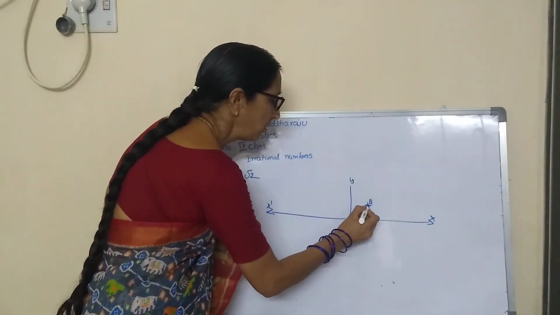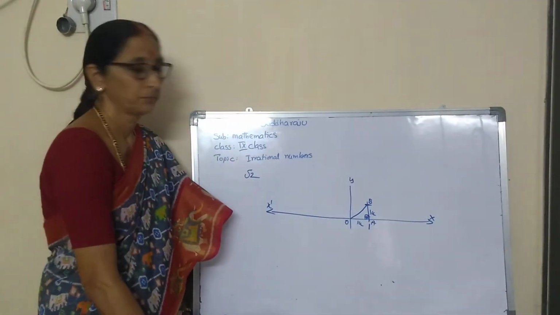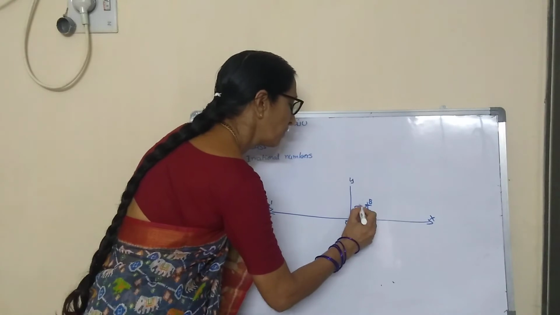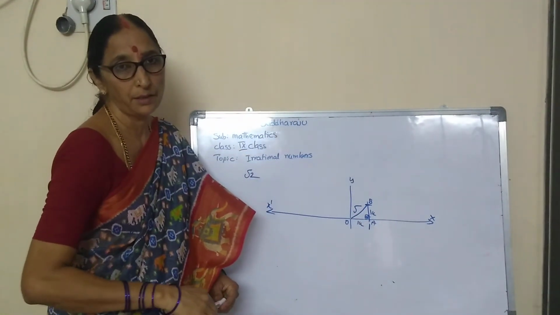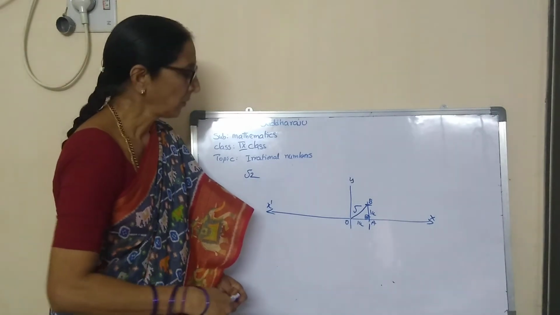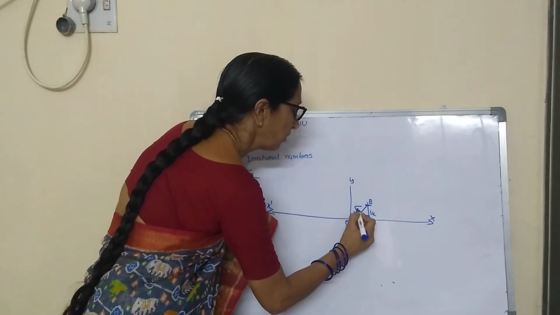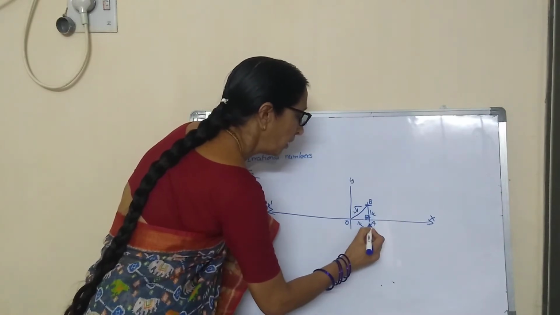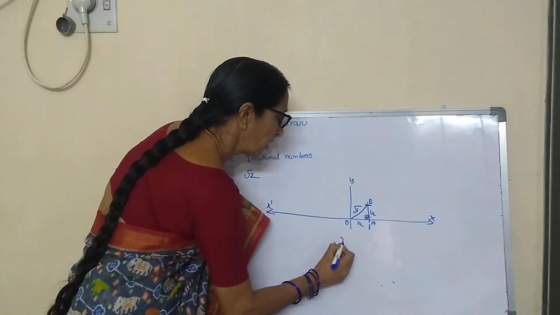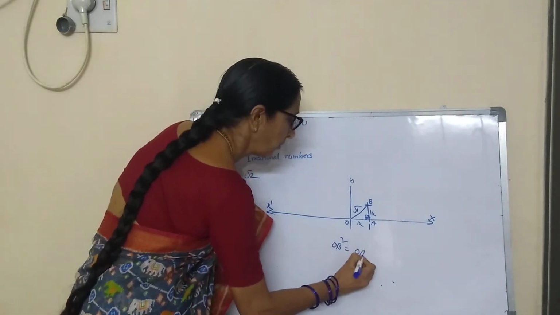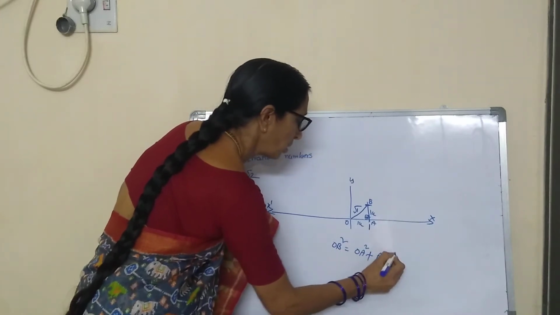So join OB. What is the hypotenuse of the right angle triangle? According to Pythagorean theorem, OB square is equal to OA square plus AB square.